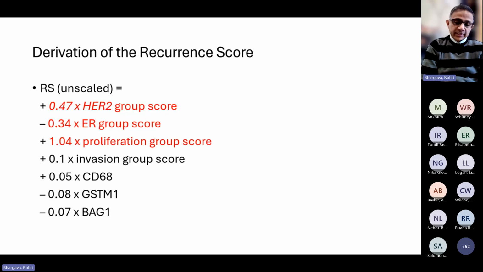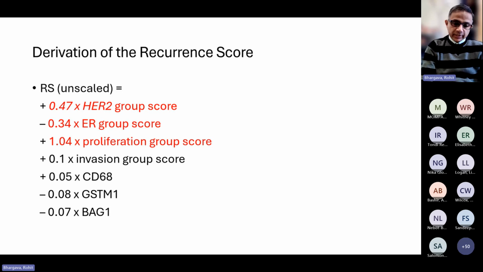And if you go back to that seminal paper in the New England Journal of Medicine, you will find that the unscaled recurrence score that is calculated is heavily influenced by these three groups: the HER2 group, the ER group, and the proliferation group. The contribution of other genes is really minuscule.